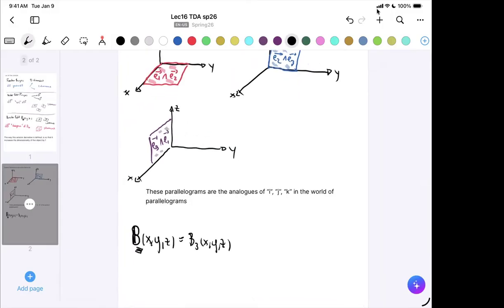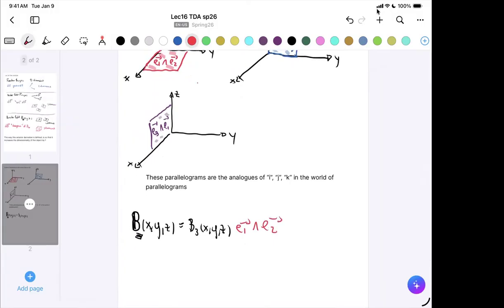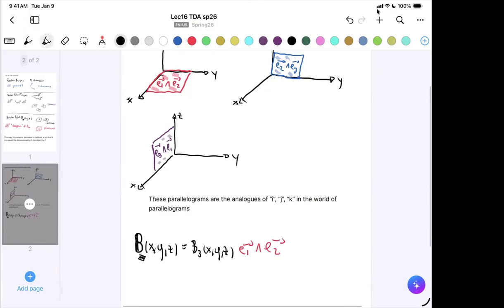So the thing is, any bivector field would be a linear combination of these three things, right? Basically, it has to be something times the first parallelogram plus something times the second parallelogram plus something times the third one.